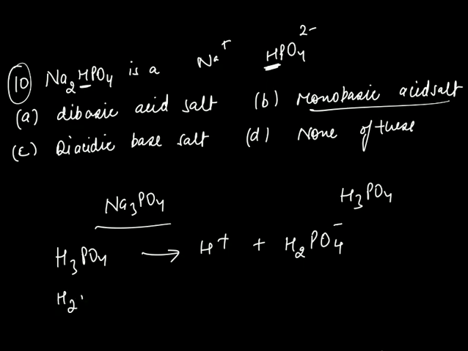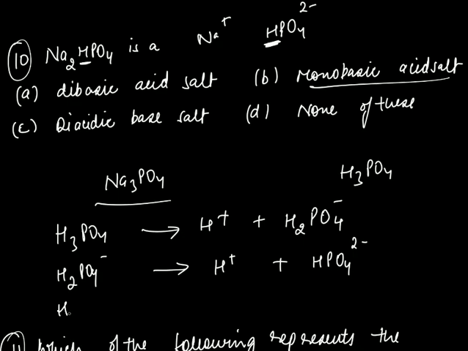Then from H2PO4 minus, if you release one more H positive ion, this will be HPO4 2 minus. Then in the last step, HPO4 2 minus will change into one H plus and the phosphate radical is formed. So this is how we can write the equations for a tribasic acid also. Okay, so this is the answer.